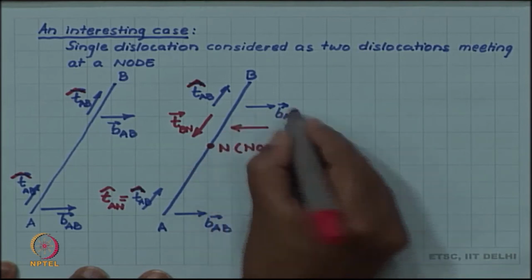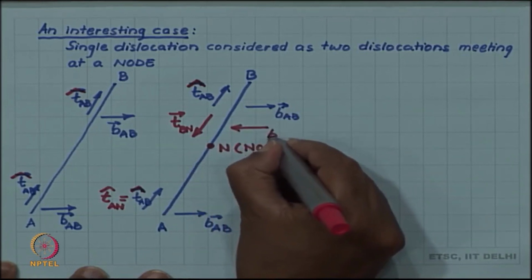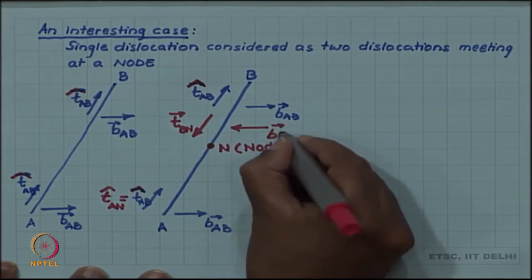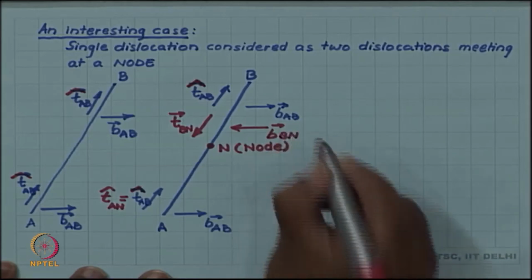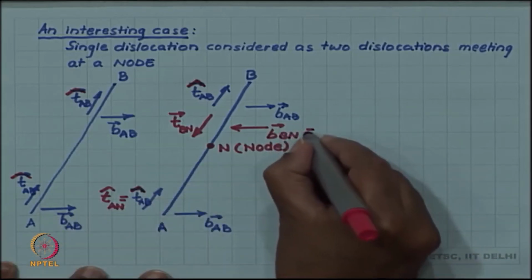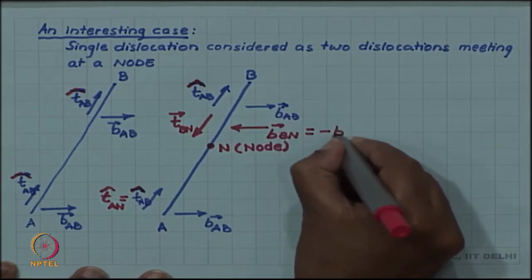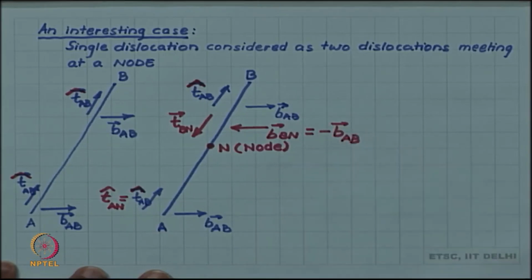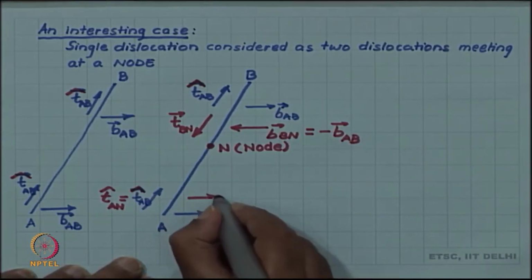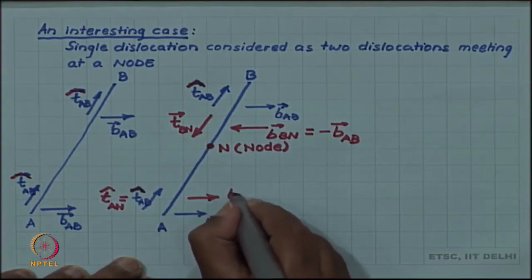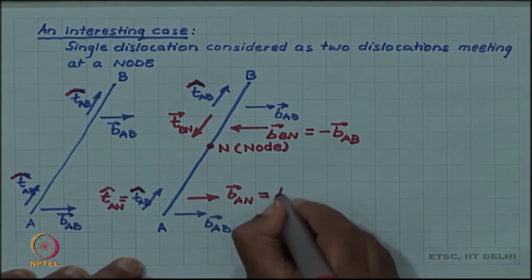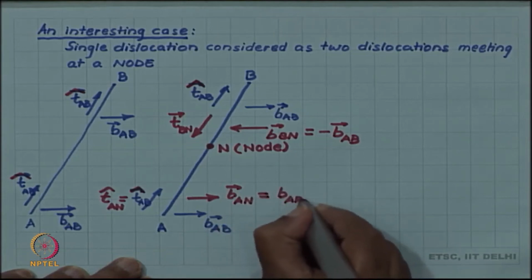The Burgers vector will remain along the same line, of the same length, but will change its direction. So, this is now the negative of b_AB, whereas the Burgers vector of AN will remain the same as the original.